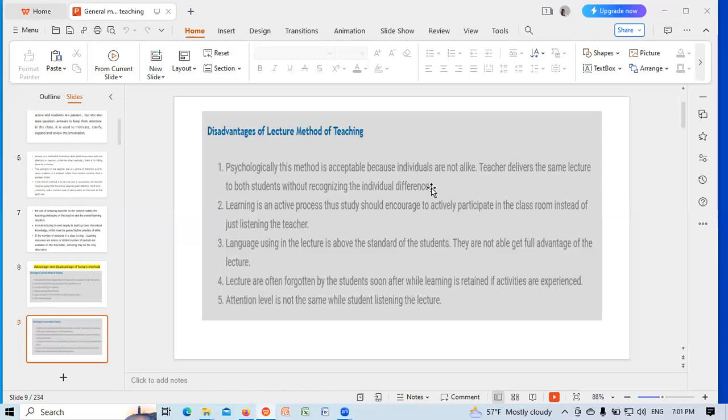But learning by doing is retained for a long time. This is also another disadvantage of the lecture method. At last, the attention level is not the same among the students listening to the lecture.